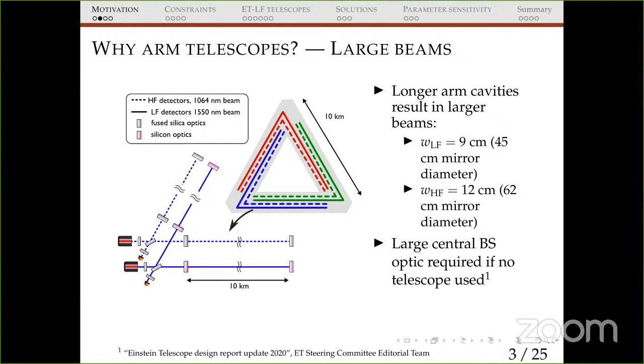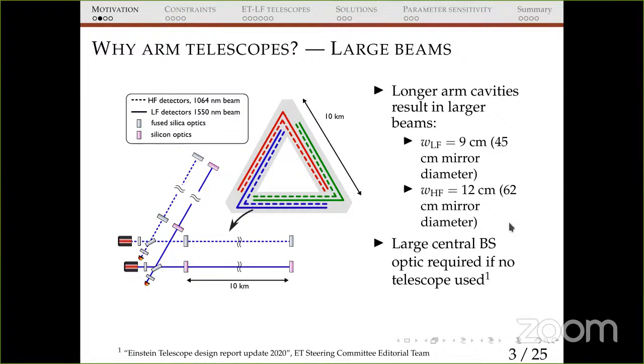You can see here the beam sizes on the cavity mirrors given for LF and HF. This is why you see a pretty large beam size on the HF cavity mirrors. To compare this to Advanced LIGO, it is just over double what Advanced LIGO has currently, so quite a significant increase on the current generation.